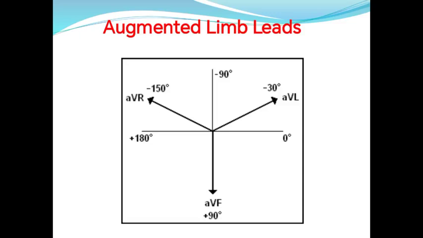So we have to keep them: AVR minus 150, AVL minus 30, and AVF uses the foot for one end of the vector, and the other end is the center of the heart. AVR uses the right arm, AVL uses the left arm for one end and the center for the other end, and AVF uses the left foot for one end and the center of the heart for the other.